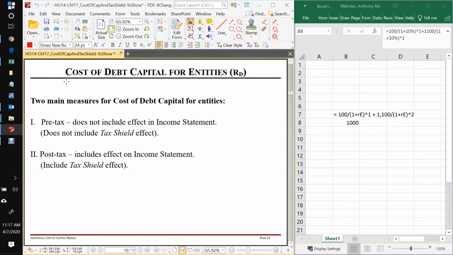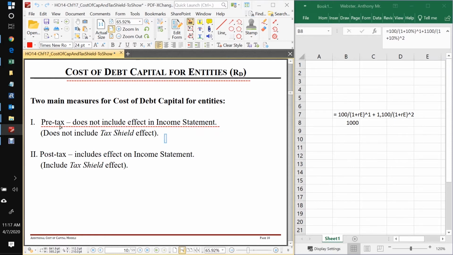So now let's take a deep dive into the cost of debt capital for entities. The first thing we want to know is that there are two main measures of the cost of debt capital for entities. We can measure it on a pre-tax basis, and that's easy to understand because it doesn't include any effect seen on the income statement.